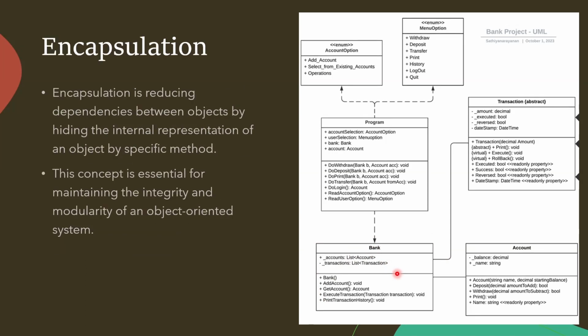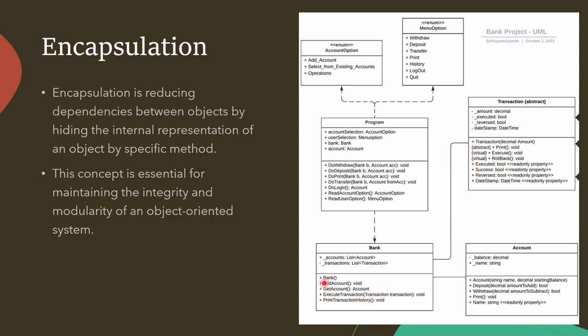And moving on to encapsulation. Encapsulation is nothing but reducing dependencies between objects by hiding the internal representation of the object. By this, I mean all these objects can perform independently.